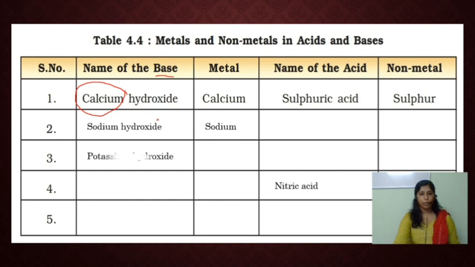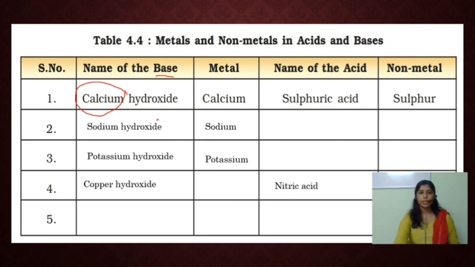Then the third one, potassium hydroxide. Which is the metal present in potassium hydroxide? It is potassium. Fourth one, copper hydroxide. The second part of all the bases is hydroxide. It's very simple for you to remember.